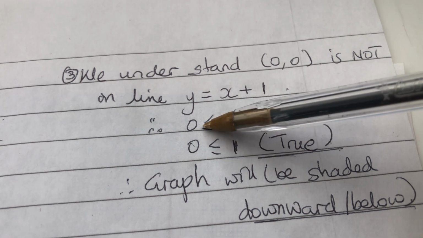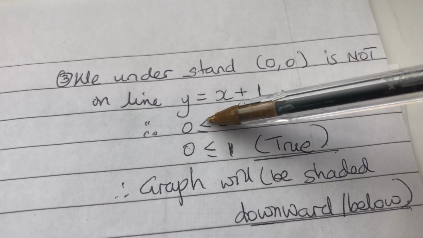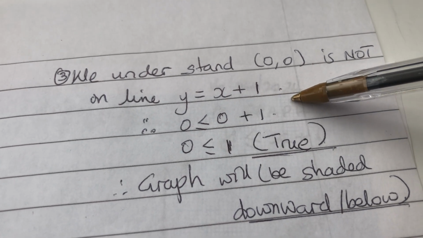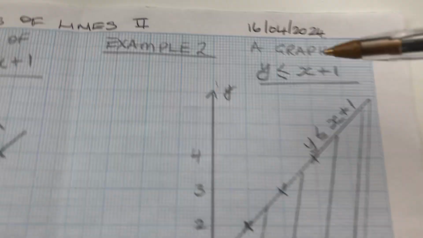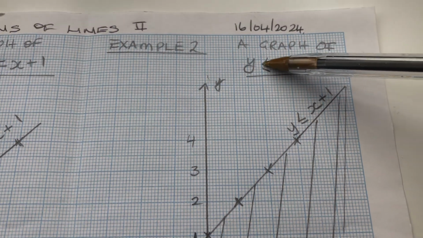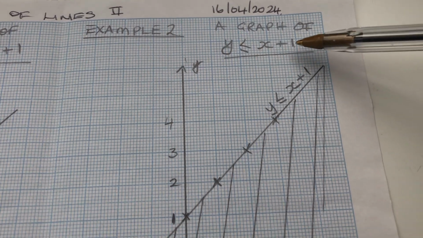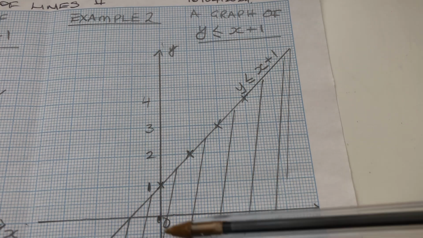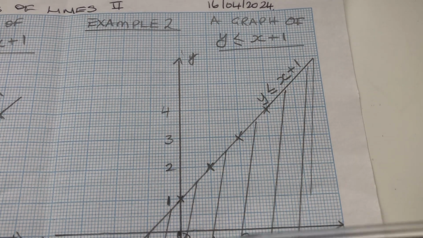So if I want the region for y less than or equal to 0 plus 1, then it will be that region that includes the origin. So for this graph, y less than or equal to x plus 1 will be the whole of this region. And because of the equal to sign, it will touch the line.